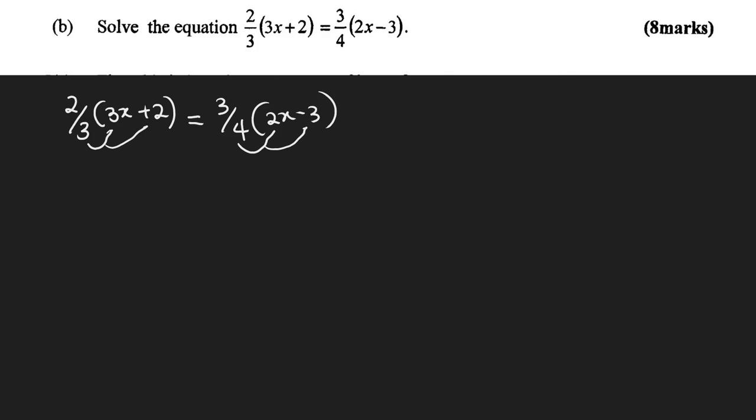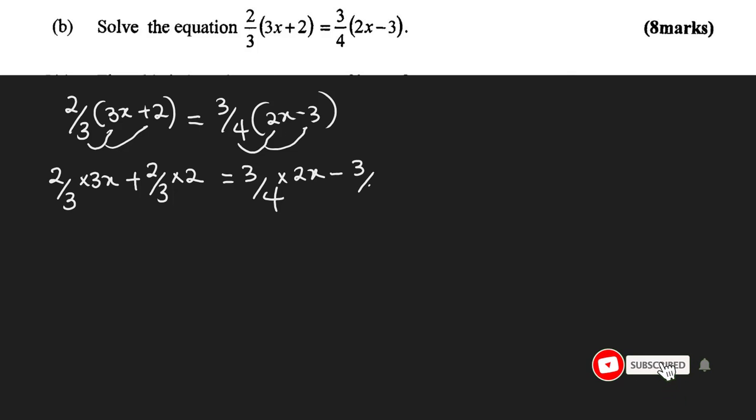So if you multiply it, it's going to be 2 over 3 times 3x, you can just put 3x here. Then we have plus 2 over 3 again, we multiply by 2. Alright, then it's equals to, we have 3 over 4 multiplied by 2x, then we have minus 3 over 4 multiplied by 3.